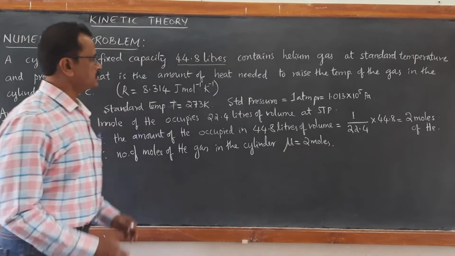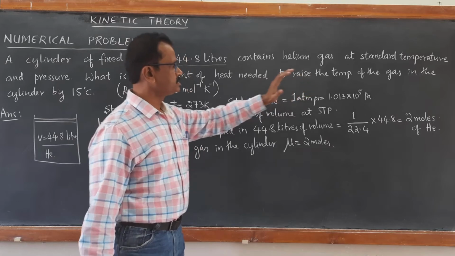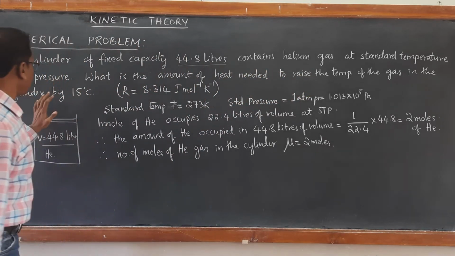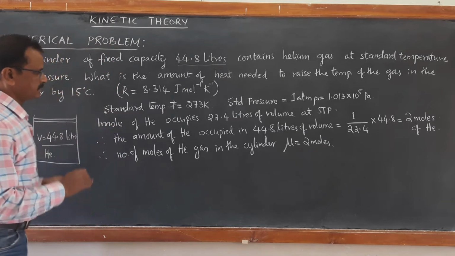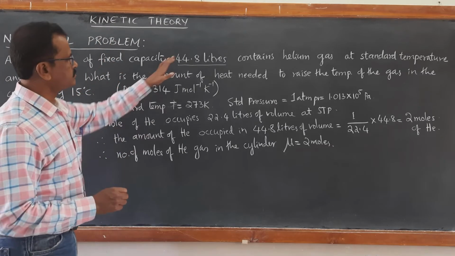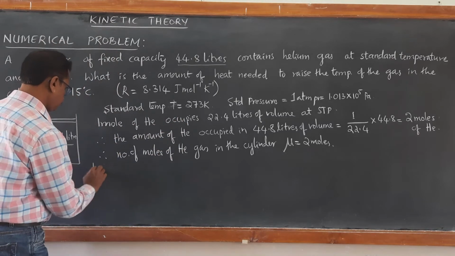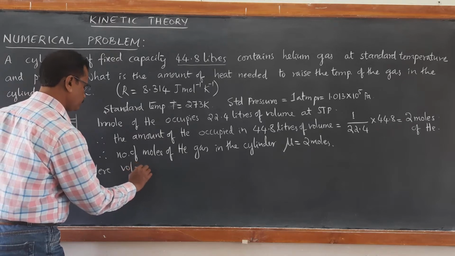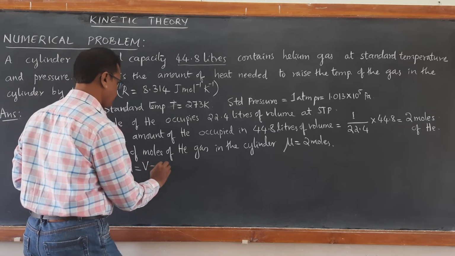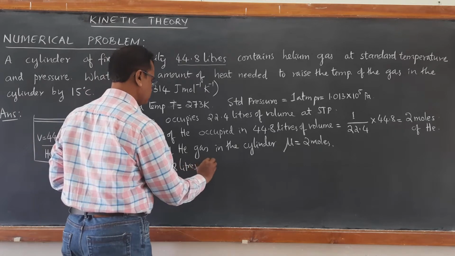Once you get 2 moles, now we can go for calculating the amount of heat needed to raise the temperature of this gas by 15 degrees Celsius. Before that, here the volume is fixed. Volume V is 44.8 liters, which is constant.